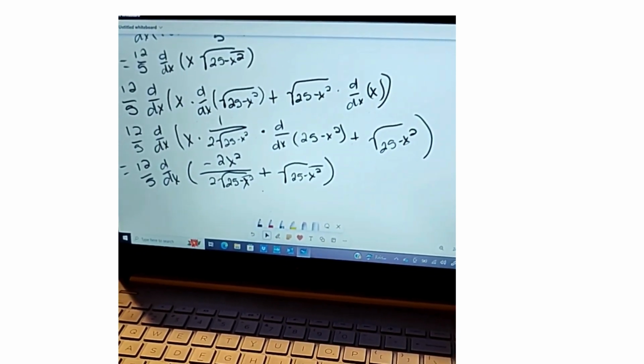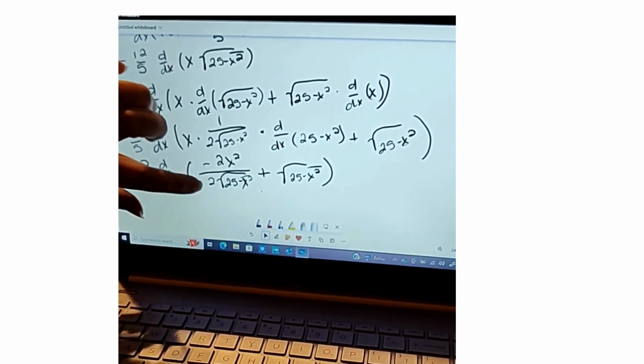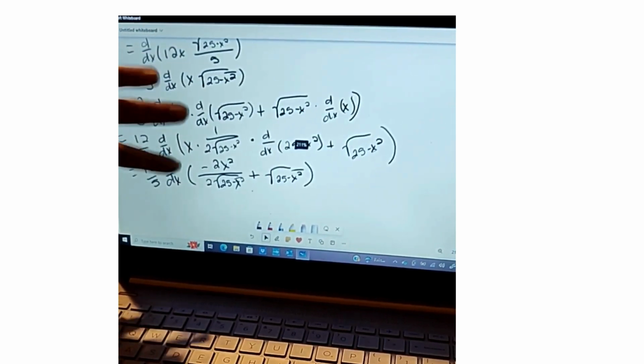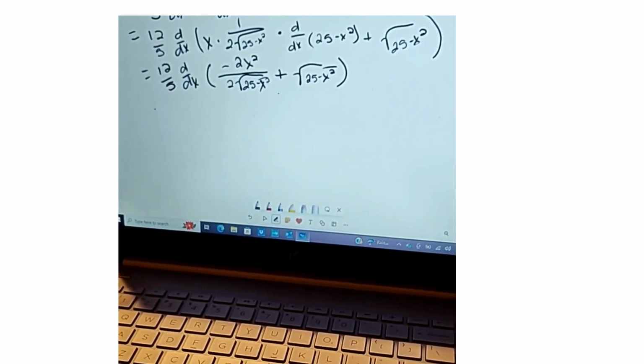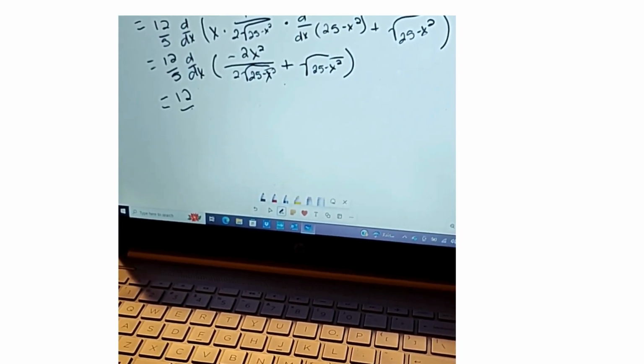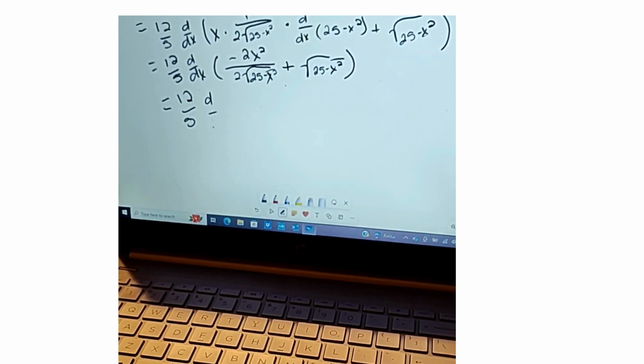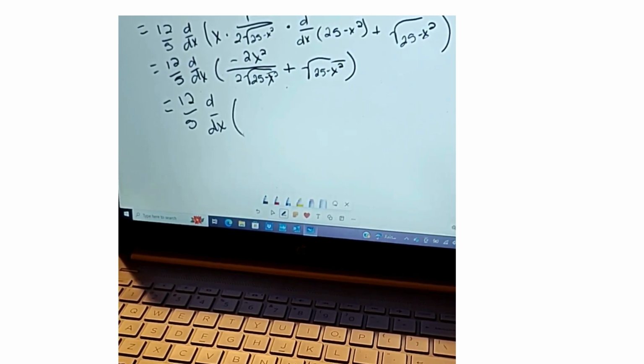Almost done now. So then we have the 2 and the 2, which we can cancel out. Now we're just doing the basic maneuvers of simplifying.